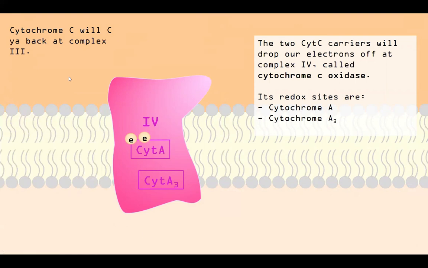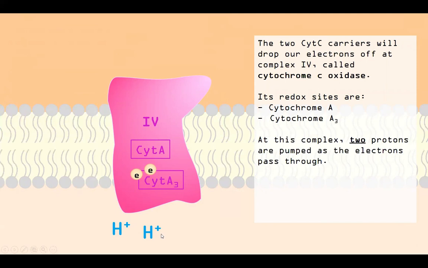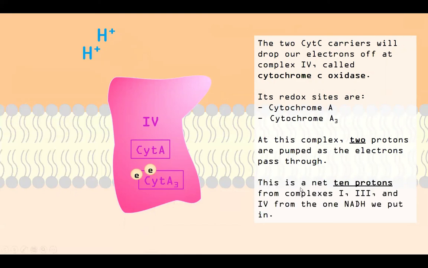We don't have to worry about that. Finally, to cytochrome A3. Here, we can see that there are some protons lurking. At this particular complex, we only pump 2 across. Okay, so that's fine. This is a net 10 protons from complexes 1, 3, and 4 from the NADH that we put in. So we're kind of keeping a tally. You don't have to memorize it. We'll come back to it later, but just so that you get an idea of where this comes from.